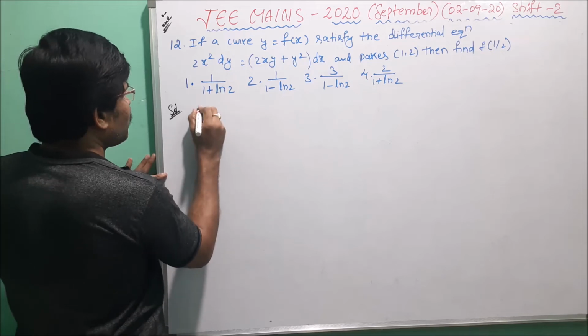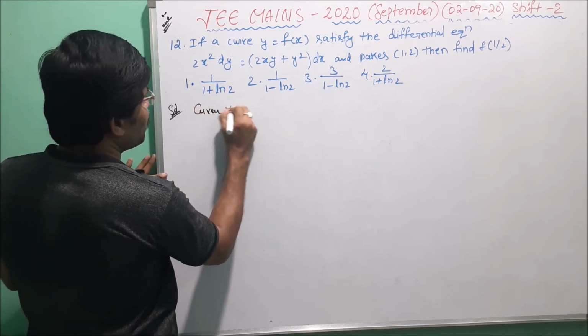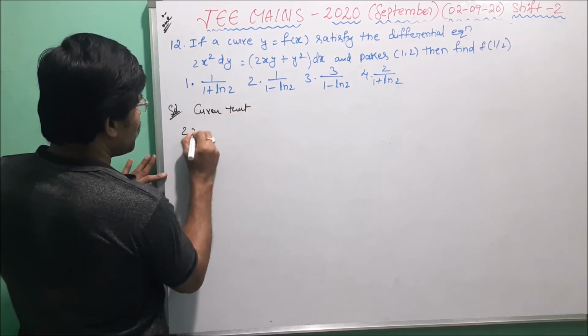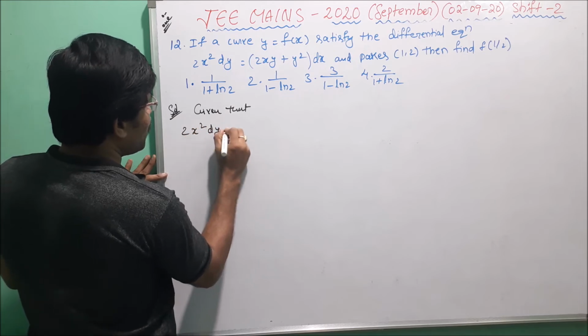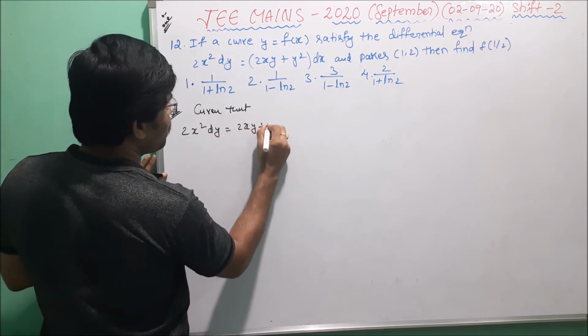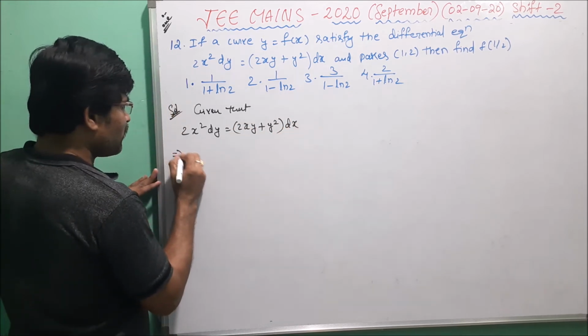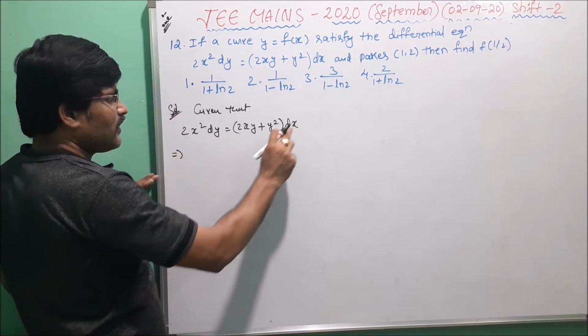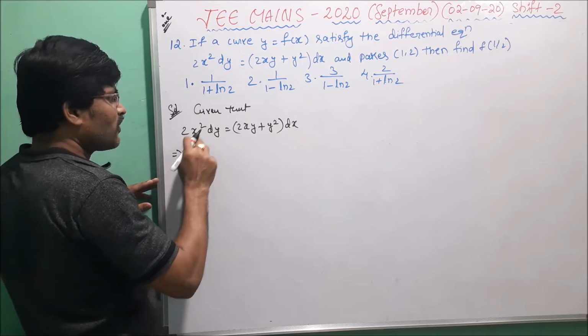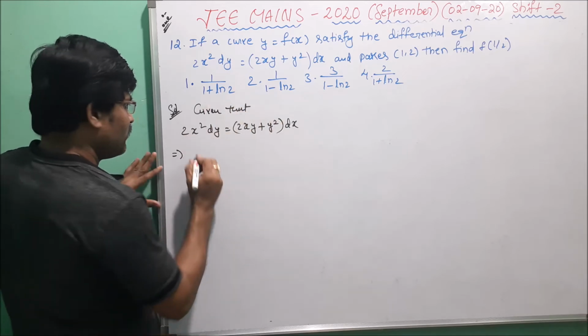The given curve is given that 2x square dy equals 2xy plus y square into dx. Now which implies that here we take dx to the left side and 2x square to the right side.